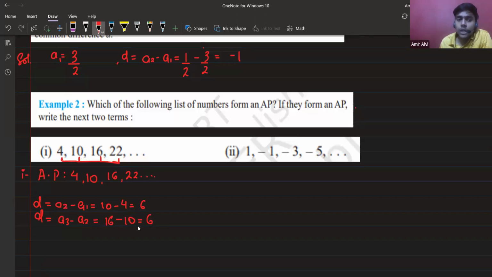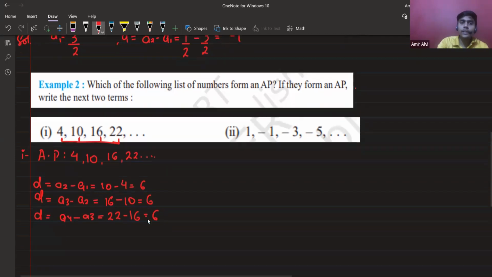The last term is left, so let's take a4 minus a3. It's 22 minus 16, which is 6 again. All the numbers are separated by a common difference of 6. Common difference is constant, which means it is forming an AP.